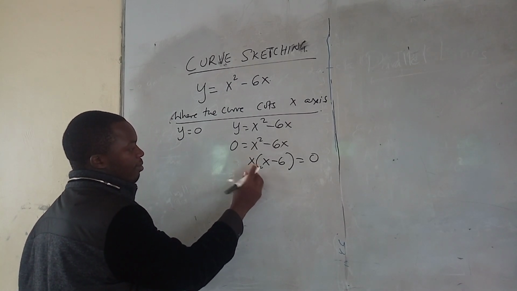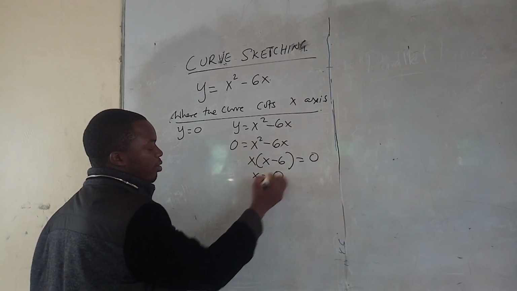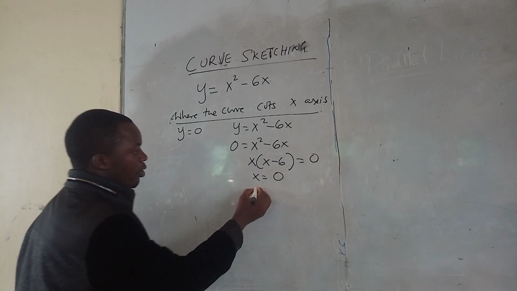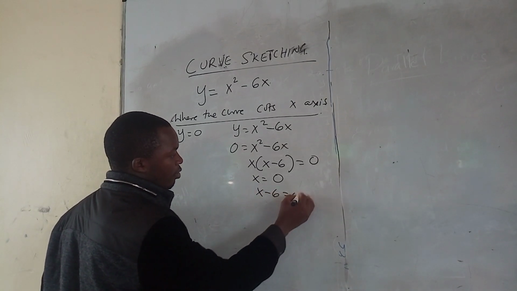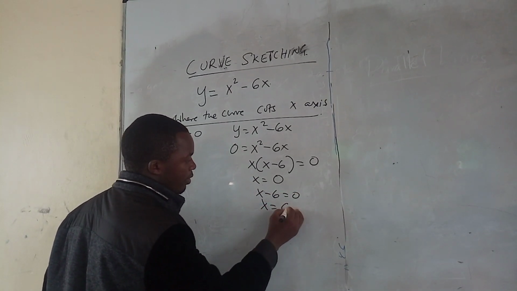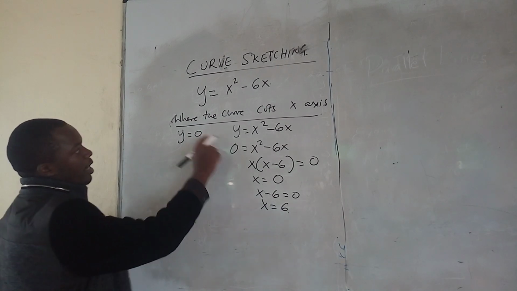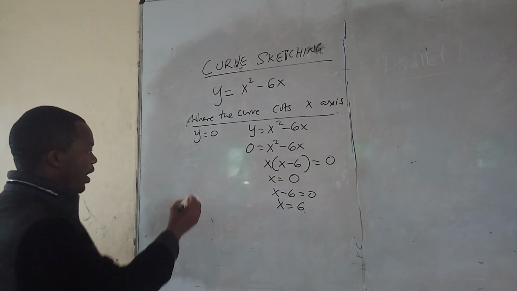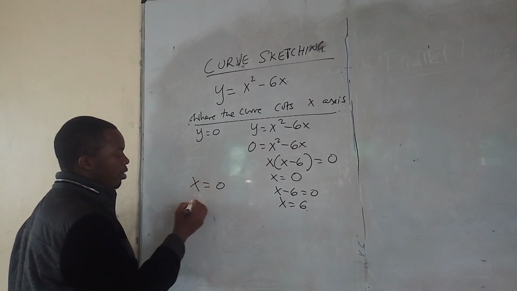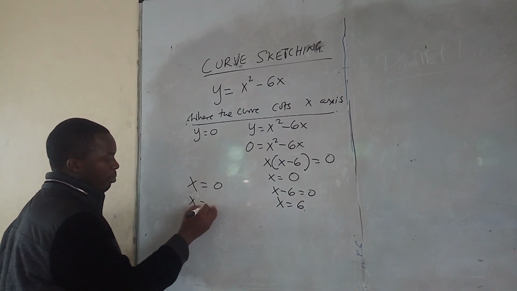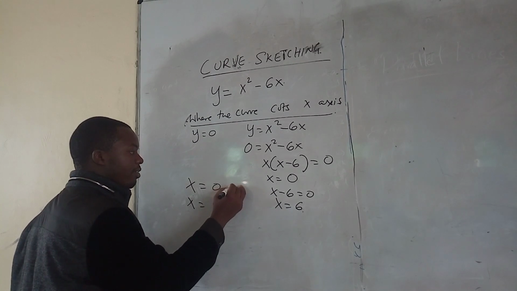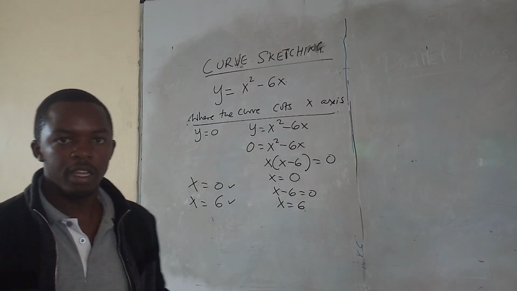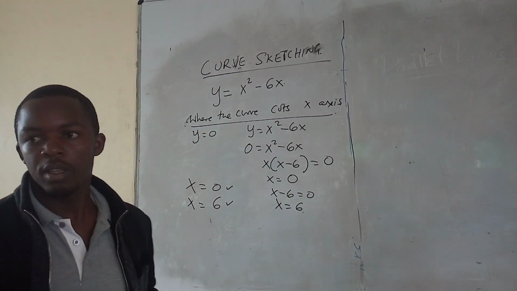So the first value of x is equal to 0, and also x minus 6 is equal to 0, so x is going to be 6. So where the curve is cutting the x-axis, the value of x must be 0, and also must be 6. These are the 2 points that I need in my curve sketching.